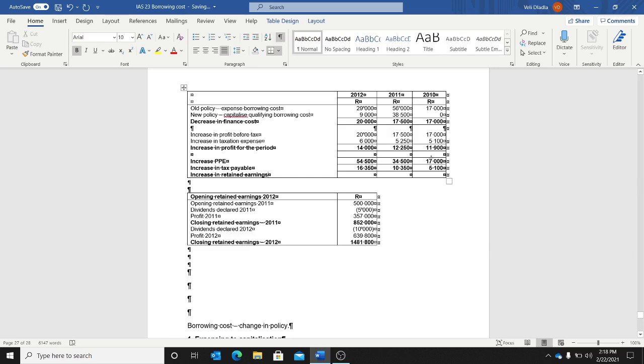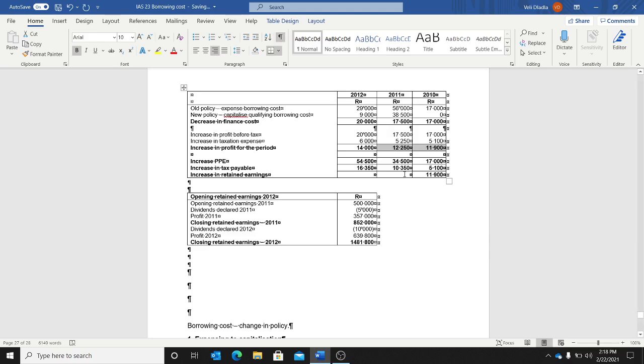Okay. The increase in retained earnings is 11,900. Then I'll add the 2 after it. There's 2. 12,250 plus 11,900.